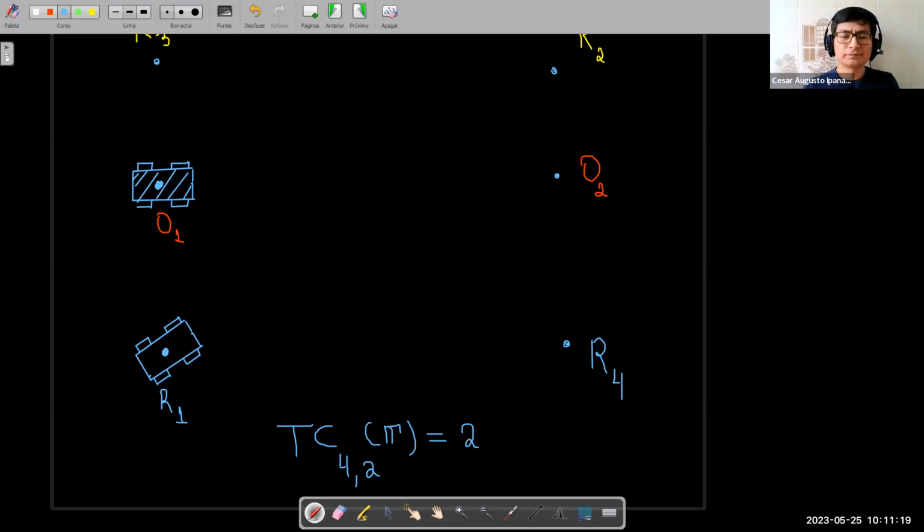Now here, this in the plane or in any Euclidean space is a particular example, because we are interested in moving this obstacle and this robot, starting in this position. In the first period of time, we need to move this obstacle to this position and this robot to this position.